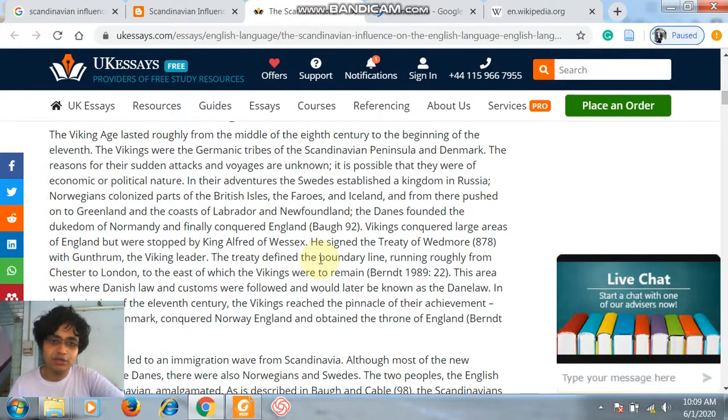They were Germanic tribes, just like the Anglo-Saxons, the Angles, Saxons and Jutes, who invaded Britain around the 4th to 5th centuries. Scandinavian people were also Germanic tribes, and hence there was great similarity; the initial vocabulary was very similar, and they could communicate with one another.